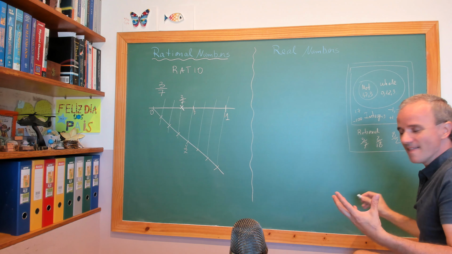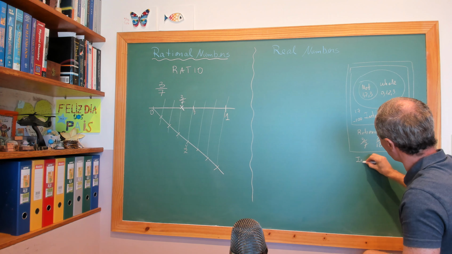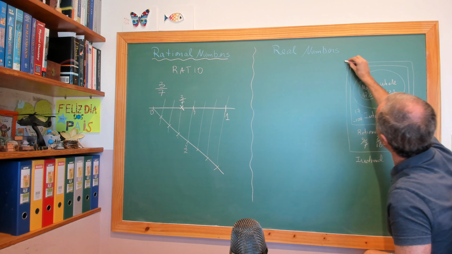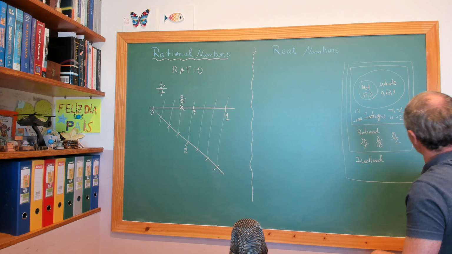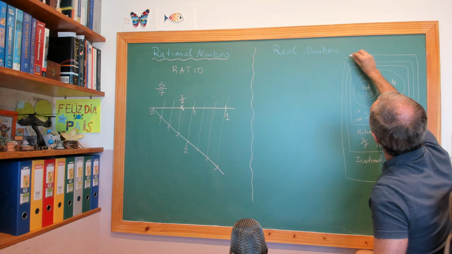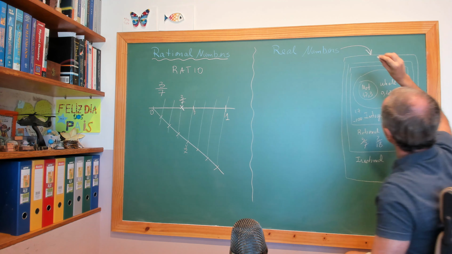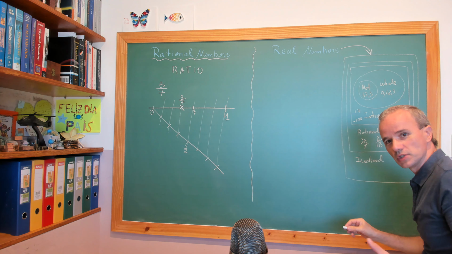Well, and then we have the irrational numbers. Irrational. And I'm going to show you in a second, irrational. And all of those together are the group of the real numbers. So everything composes the real numbers.